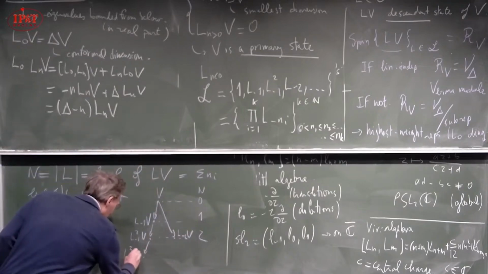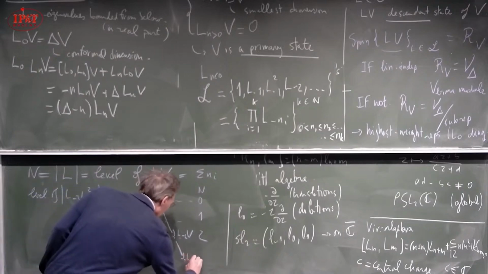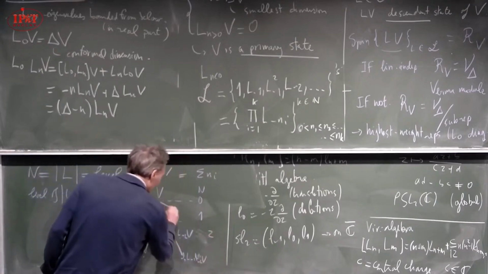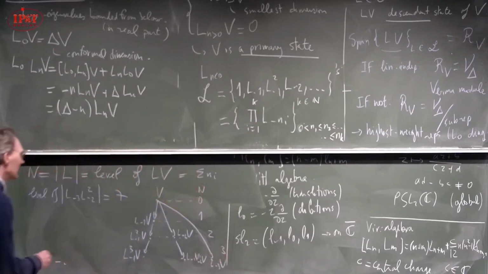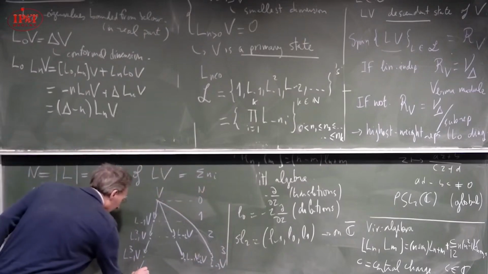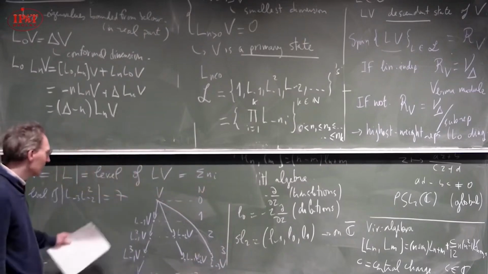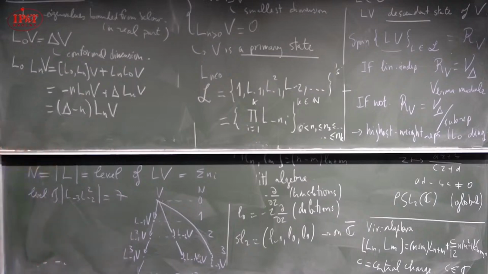At level 3, I have L_{-1} cubed V, I have L_{-1}L_{-2}V, and I also have L_{-3}V. So that's level 3. And this goes on forever, and that's your Verma module. So we have one state at level 1, two states at level 2, three states at level 3, and how many at level 4? Well, we have 5, in fact.